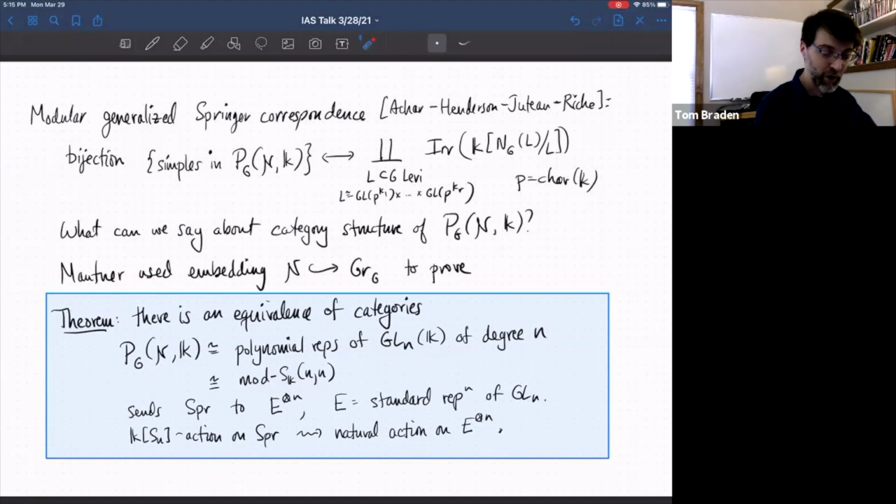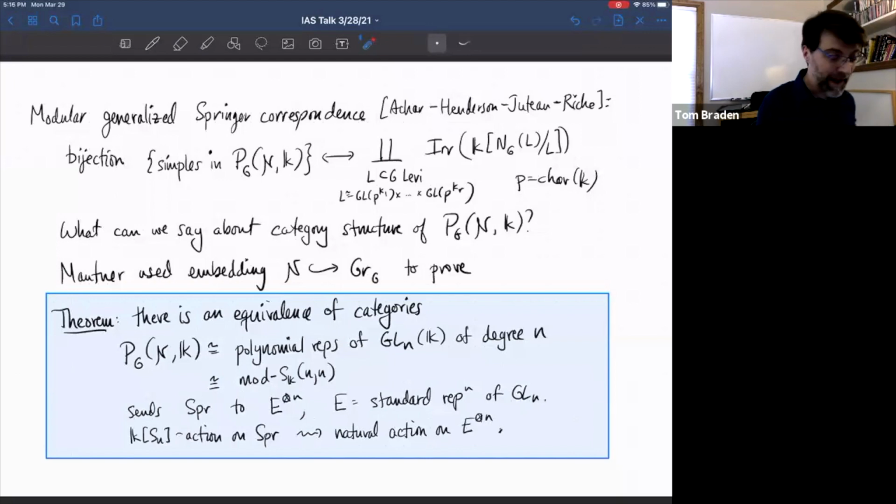This can also be described as modules over the Schur algebra S(n,n) with k coefficients. And this functor is going to send the Springer sheaf to the nth tensor power of the standard representation of GL_n, and the action of S_n on the Springer sheaf goes to the obvious action on E tensor n.